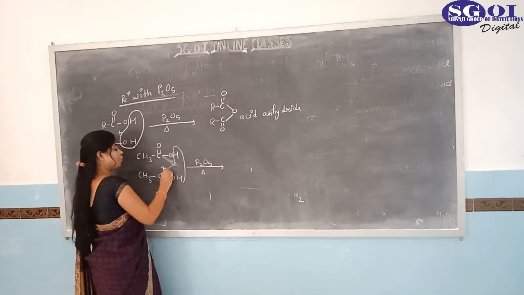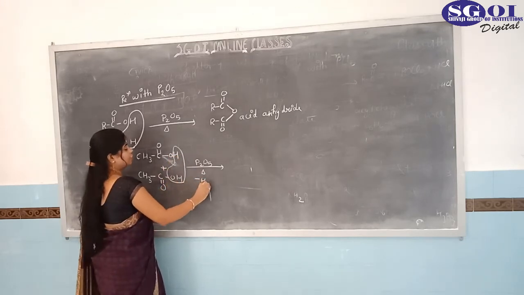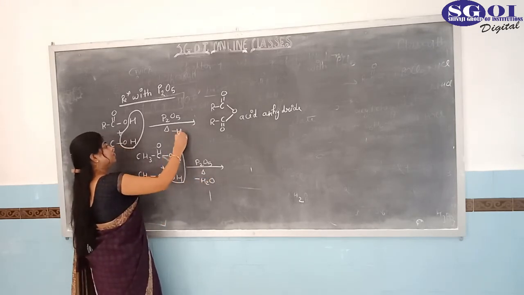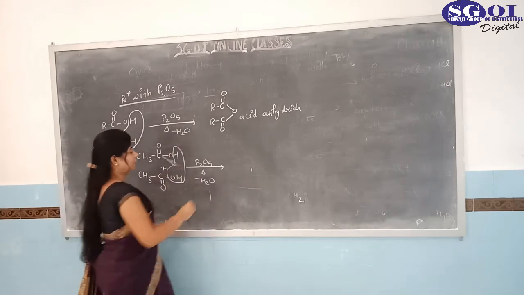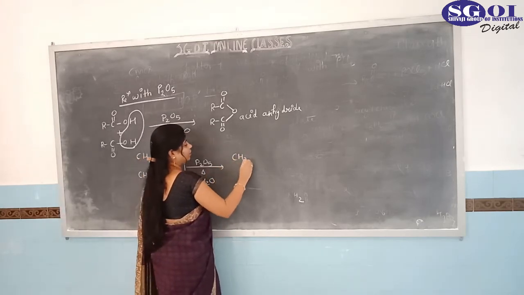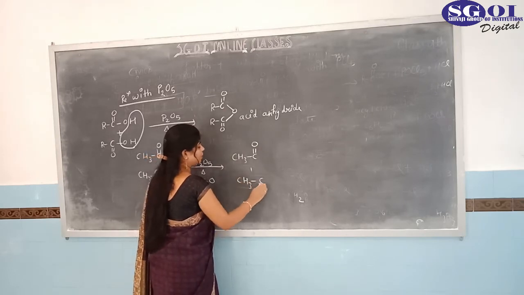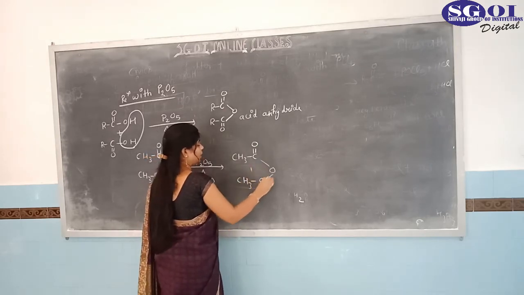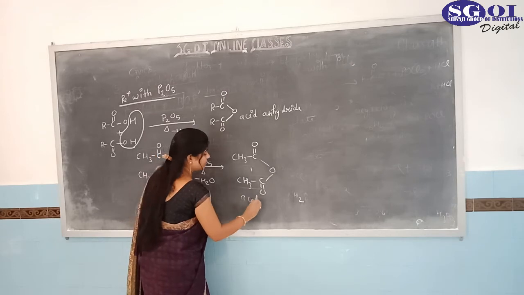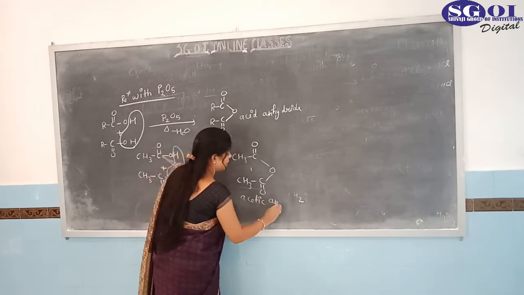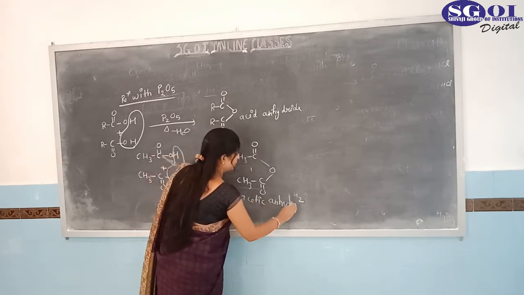After heating, removal of water takes place, minus H2O. Here हम लिख लीजिए minus H2O, and what we get? CH3C double bond O, CH3C double bond O linked with O, that is acetic anhydride.